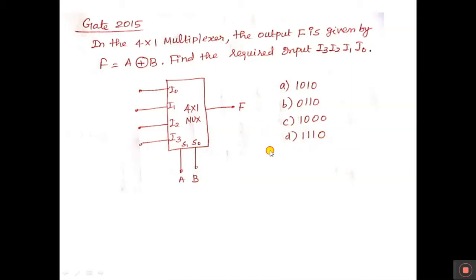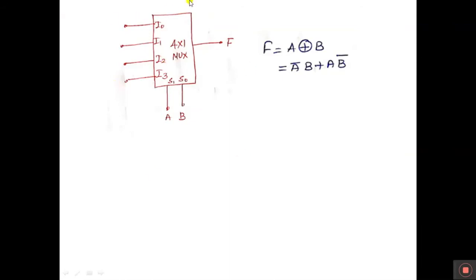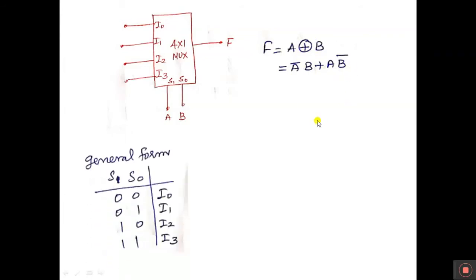Let us find the solution. For the given structure, the output equation is F equal to A XOR B. If we expand, we will get A bar B plus A B bar. You know the general format of a 4x1 multiplexer. S1, S0 are selection lines. So this is a 4x1 multiplexer.